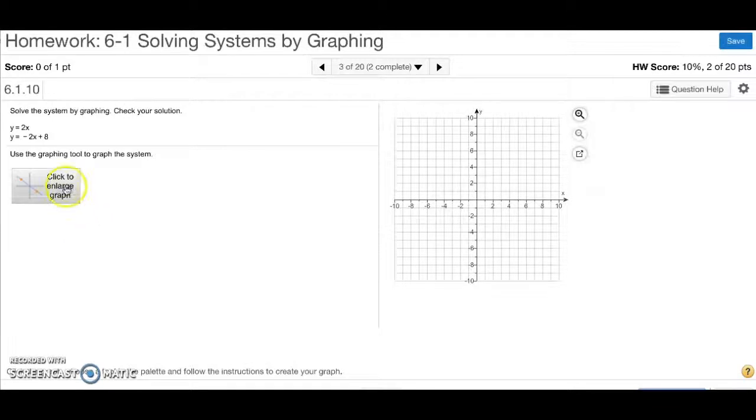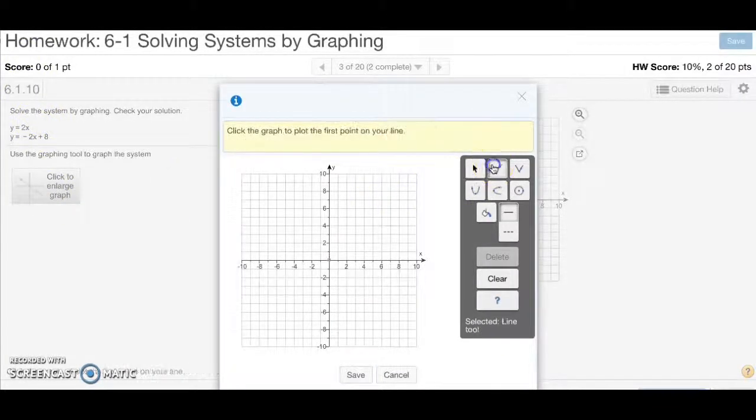Number 3, same thing. They are both in slope-intercept form, so I can graph them. For the first equation, if there is nothing being added to the term with the variable, like we have y equals 2x, it is understood that the y-intercept is 0. So then we go up 2 over 1 because my slope is 2.